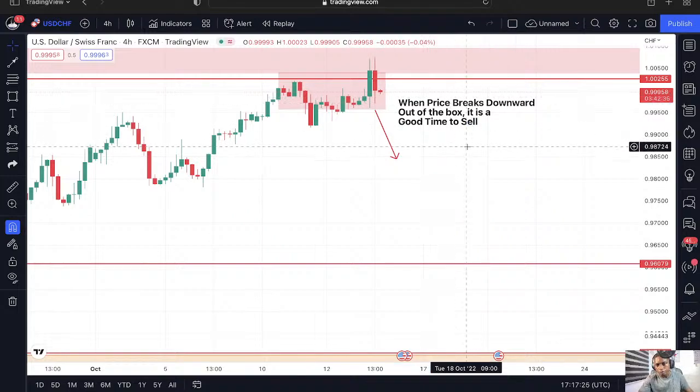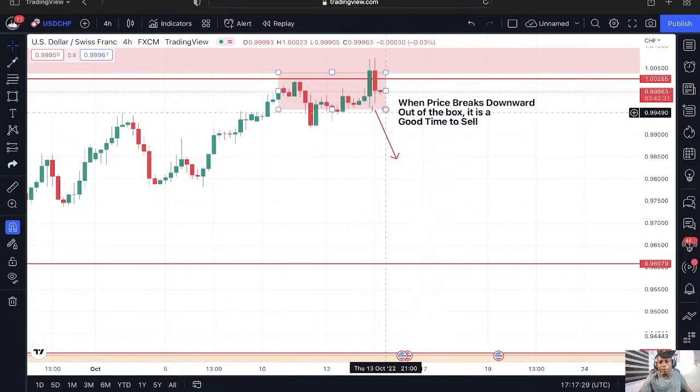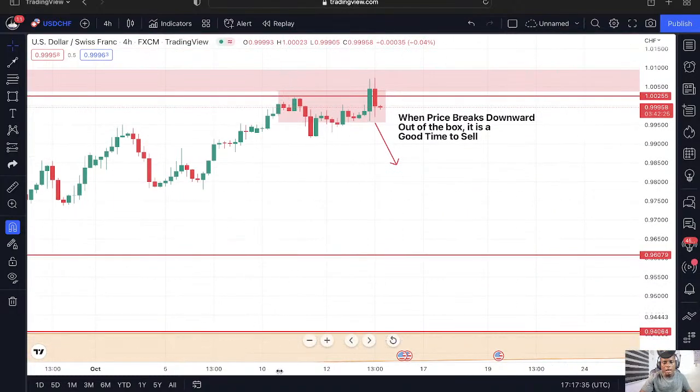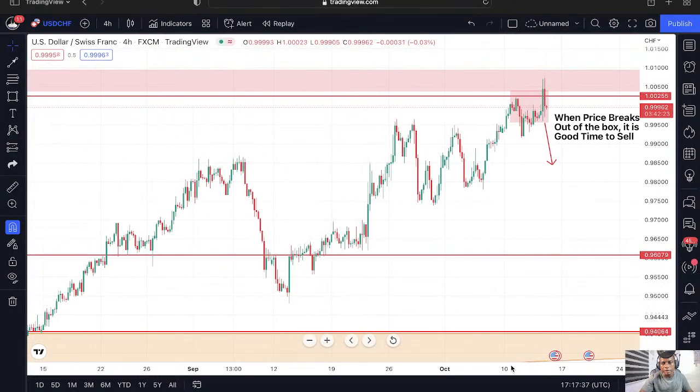So when price breaks downward outside the box, it is a good time to sell. And definitely you can sell and take your profit here.